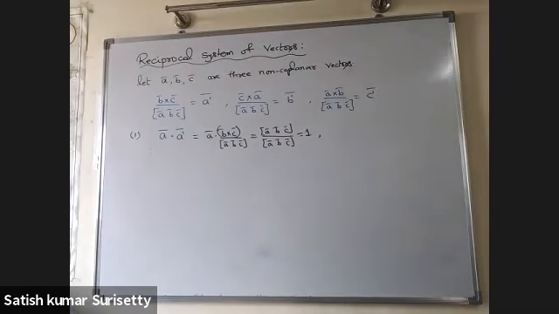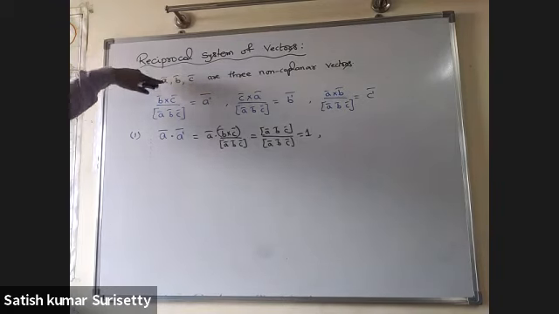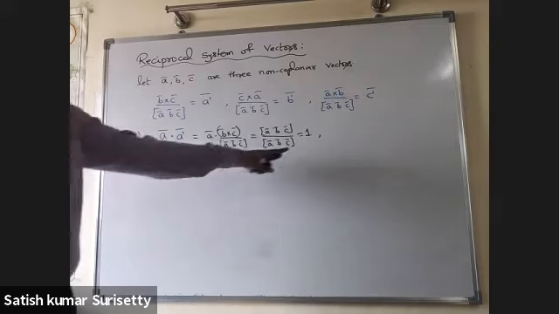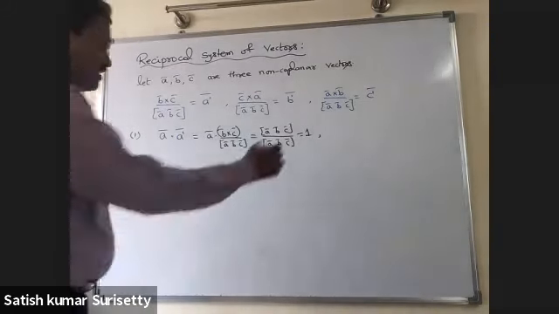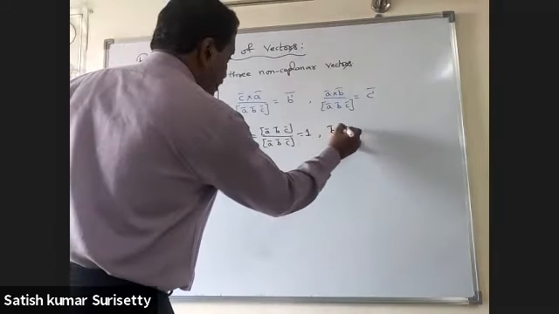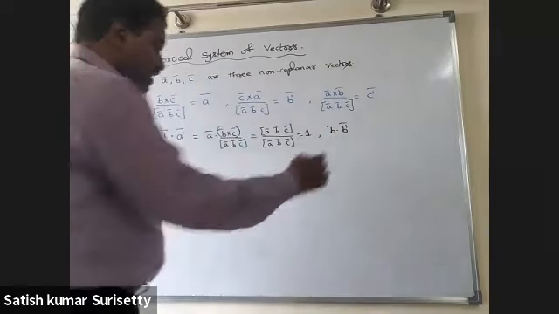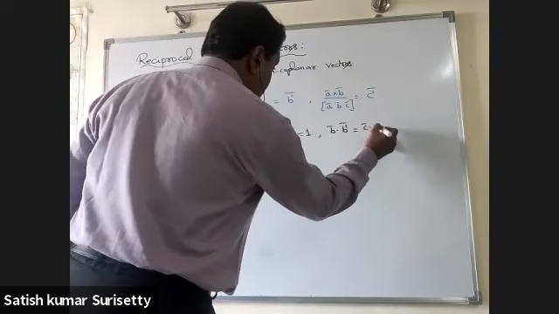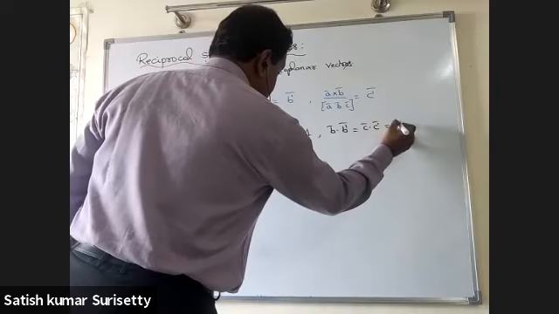That is, dot product of one of the vectors with the reciprocal system of the corresponding vector will be 1. In the same manner, B bar dot B dash bar equals C bar dot C dash bar, which is also 1.